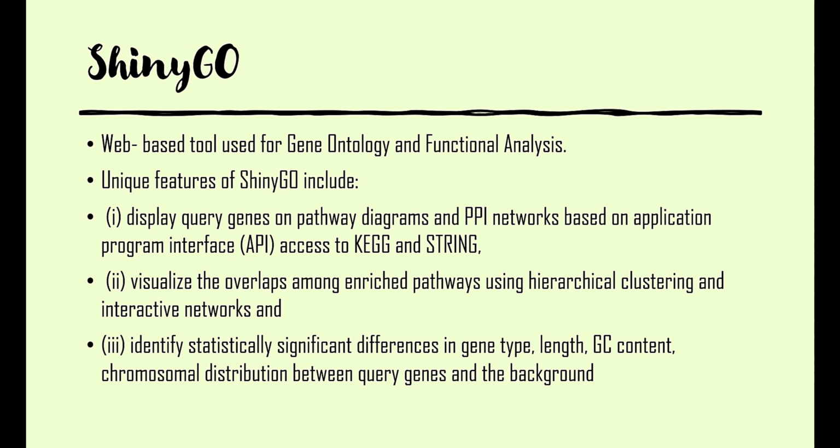So in ShinyGo we can visualize in which particular position the gene is present in the chromosome, what the gene type is in respect of the other genes present in that chromosome, what the contribution of that gene is, and how the expression is in comparison to the other genes present in the chromosome.